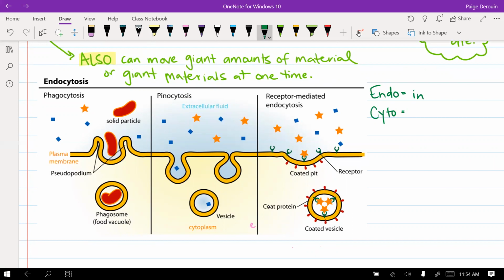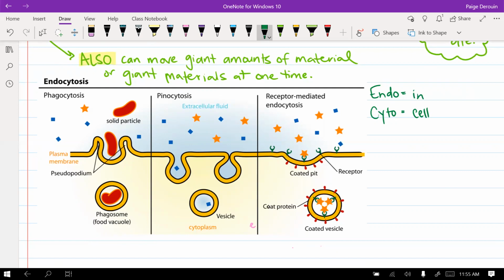Think about cell, yeah, because cytoskeleton is the skeleton of the cell. Cytoplasm is like the plasma of the cell, the jelly. So anytime you see cyto, it means cell. So literally this long word, endocytosis, all it means is into the cell.